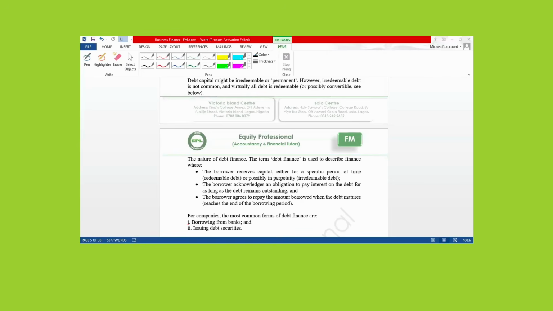In that case, the principal amount of debt will not be repaid, and the interest will not be paid again, because the debt holders are now part of the shareholders. A company can issue redeemable debt, convertible debt, or irredeemable debt to source finance.